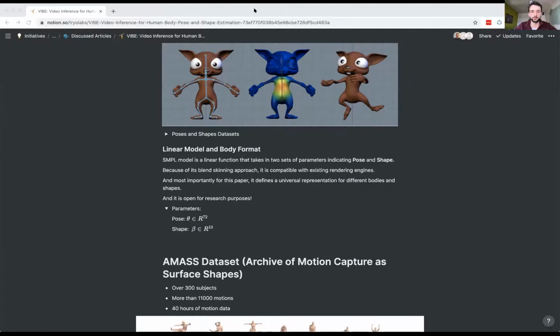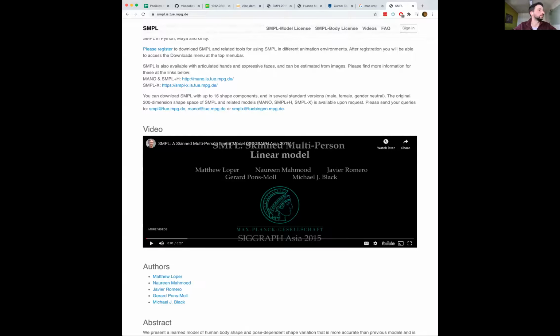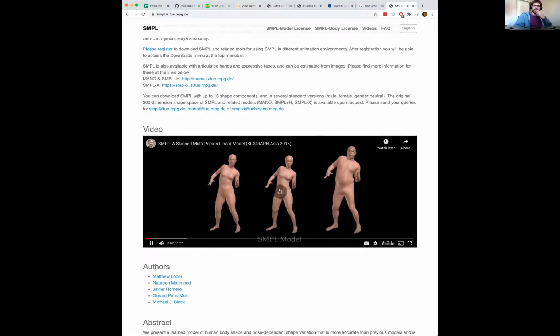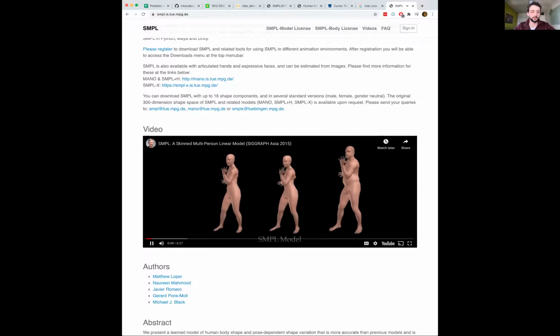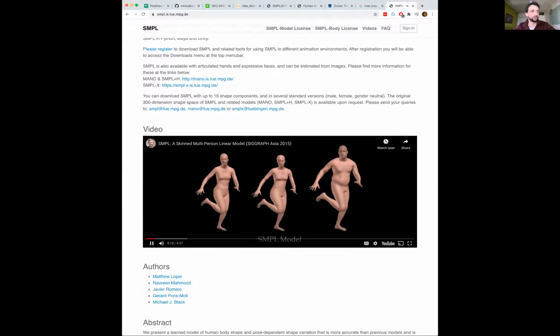I have it here. I'll switch. You can see the SMPL page. So for example, here we have the same poses having different shapes.